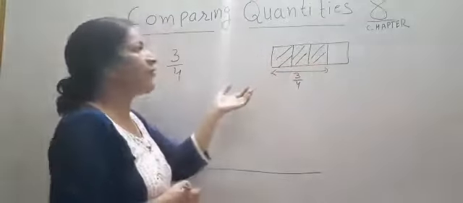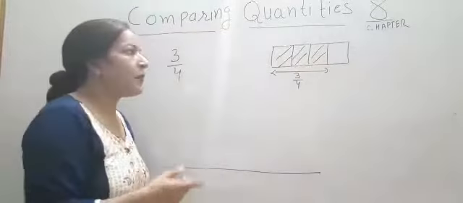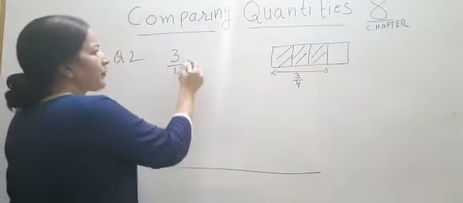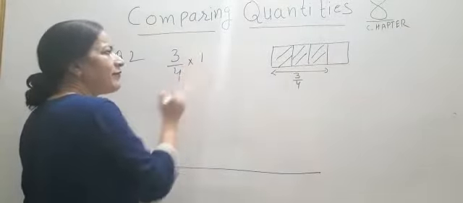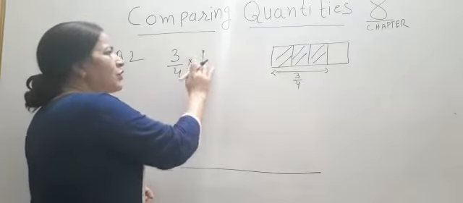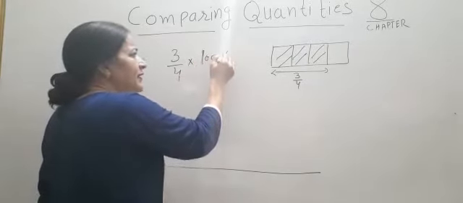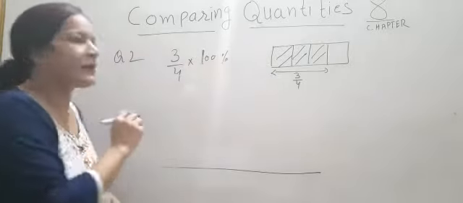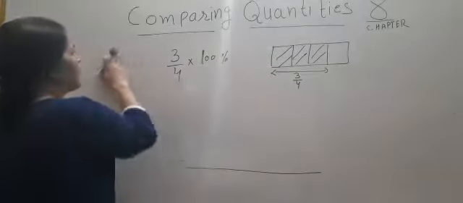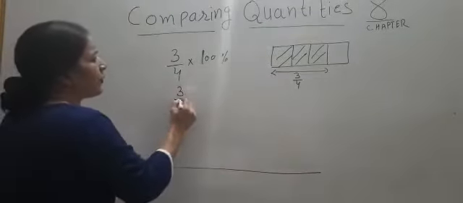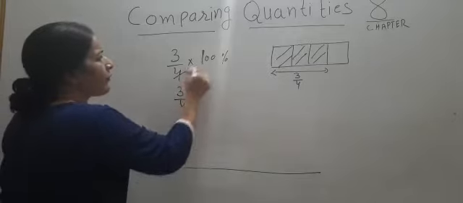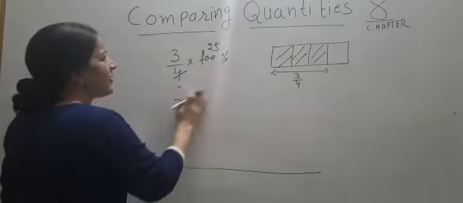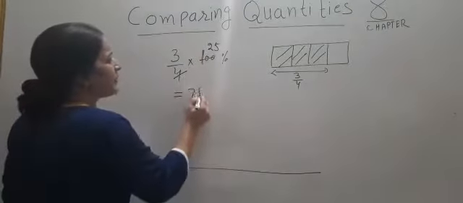Then how will I convert it into percent? Percent means whole. 3/4 of which 1? 1 means whole, 100%. 3/4 of 100%. So 3/4 into 100. 4 twenty-fives are 100. It's 75%.